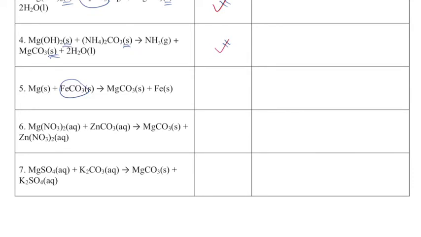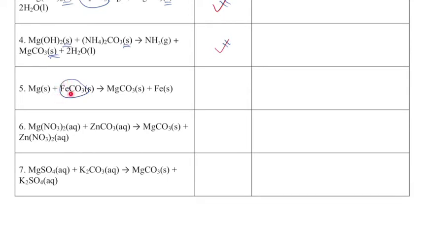Hence, it's not an aqueous solution. And remember, when we do a displacement reaction, we need mobile ions. So the less reactive ion must be mobile, either in aqueous state or in molten state.